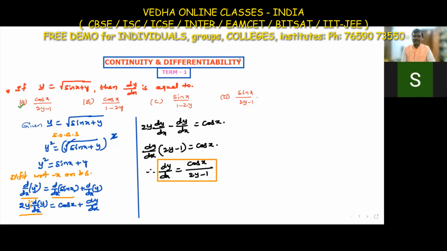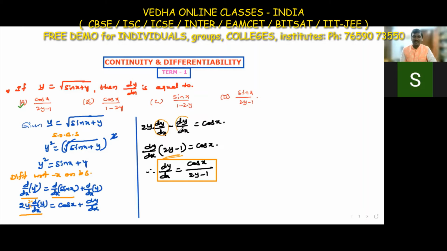How did we get 2y minus 1 in the second-last step? Here we are separating the dy by dx terms and taking it common.